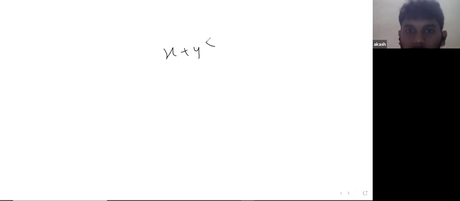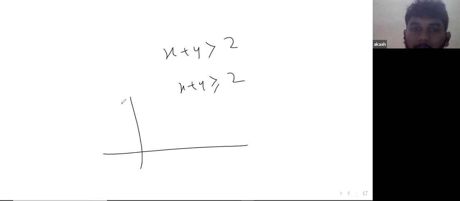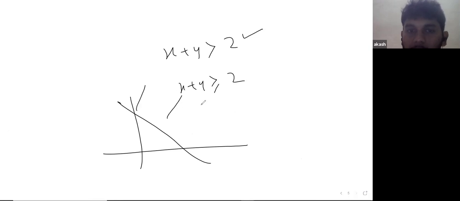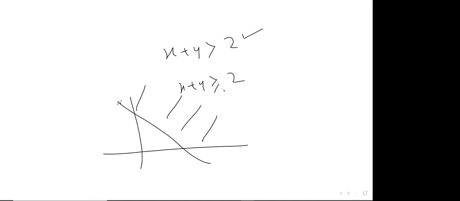The only difference is if you write x plus y greater than 2 and x plus y greater than or equal to 2, then the area will be only this part, and with the equality sign the line is also part of the solution. Are we clear? Yes, sir. With the equality sign, the line is also a part of the solution. All right. That is the only difference.